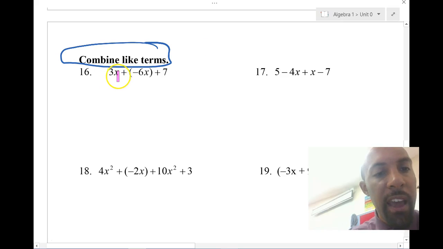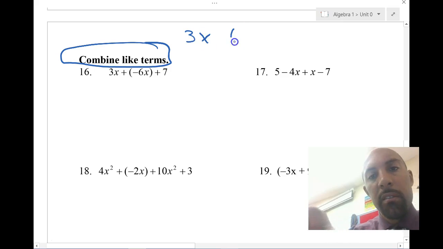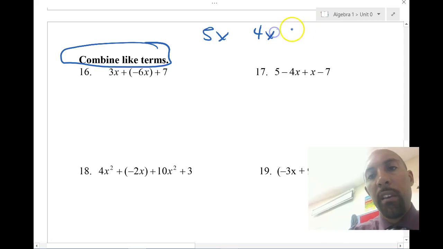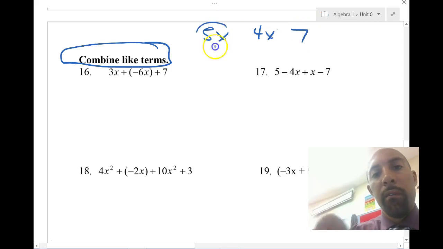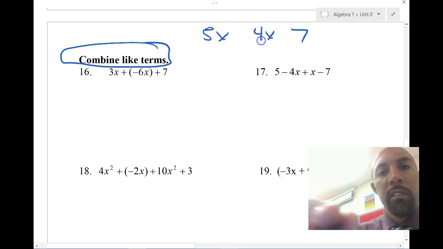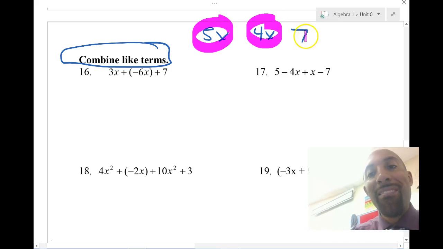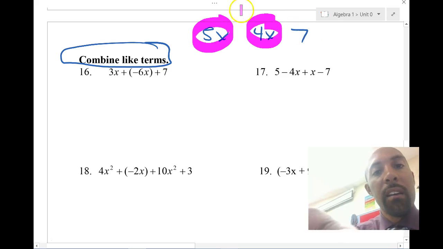Okay, so if the numbers have the same x, they are the same. So if I have 5x, 4x, and 7, let's use the same colors I did before. 5x and 4x are the same. 7 is different because it has no x.